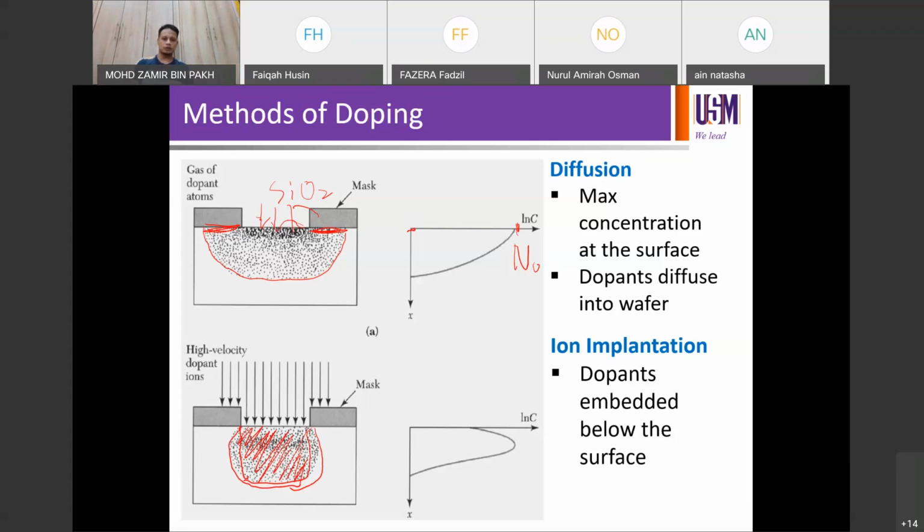Okay, so this is the brief of the formation between diffusion and ion implantation. You can also read the summary there. Max concentration for diffusion occurs at the surface, open, diffuse into wafer, but also diagonal and also lateral. We're going to see later on. For ion implantation, dopants embedded. They masuk dalam.